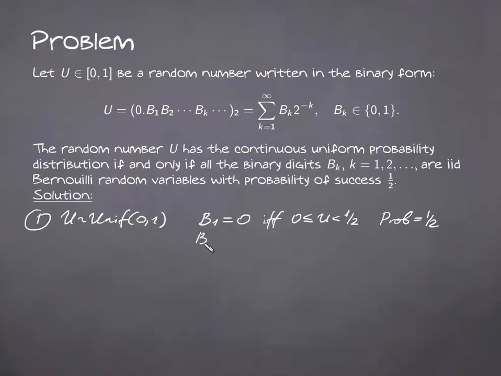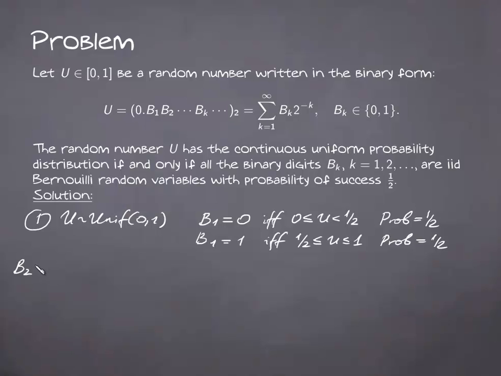Analogously, b1 is 1 if and only if u lies between 1/2 and 1, and again the probability of this event is exactly 1/2. Now let's consider the second digit, b2.